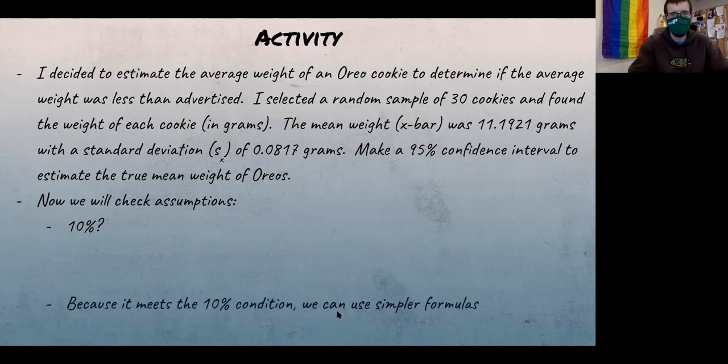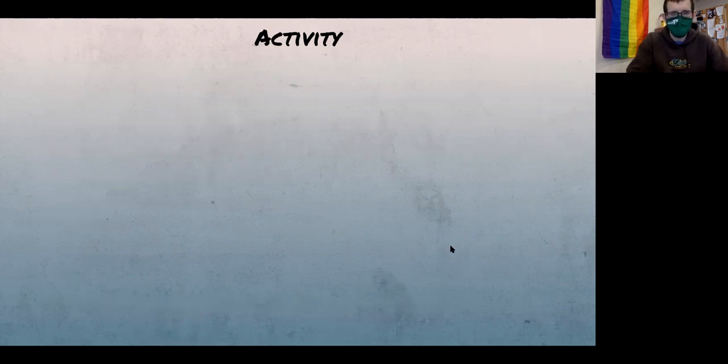Because of this, we can use our simpler calculations. Like I've mentioned in the past, there are, I think they're called hypergeometric distributions, calculations that account for sampling without replacement, but we don't need to worry about that.